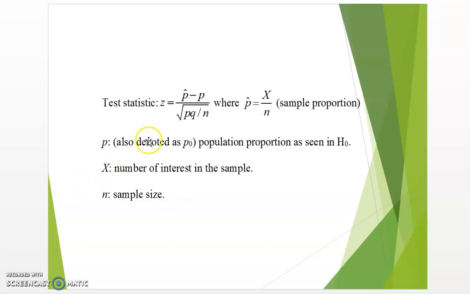Since we're using the z-test, we should have a test stat. So the test stat here would be z. This is something you need to put on your formula sheet when it comes to the test. So z, according to this formula, equals p hat minus p divided by the square root of pq over n. Now p hat, as we said, is the sample proportion. So that's the item of interest divided by n, that is p hat.